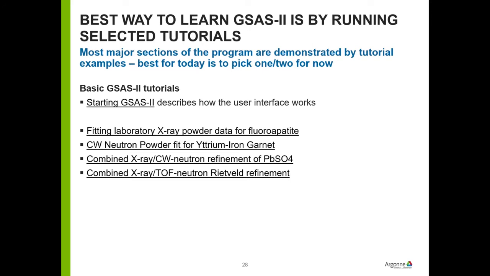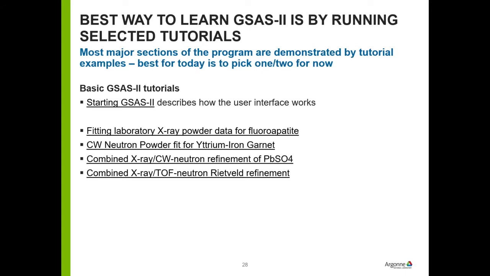The reason is that every window is explained as to what you have to do. If you go through that one, even if it's a little boring, you will learn how GSAS-II works, because the other tutorials will presume that you've done that one, so they won't explain quite everything each time.